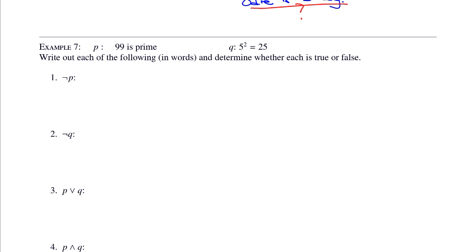The P statement is 99 is prime. So not P would be 99 is not prime. And 99, is that prime or composite? Composite. So 99 is not prime. It is true.